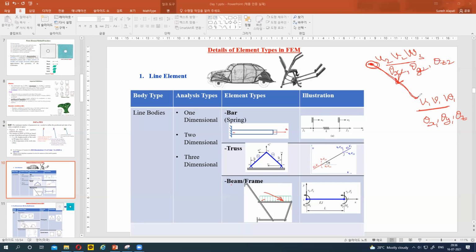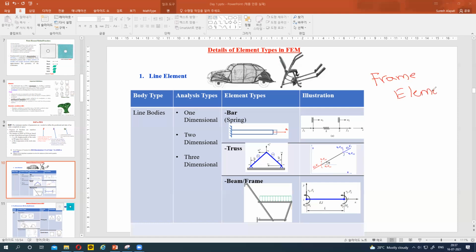So then at each node we have to find 6 variables: X, Y, and Z direction displacement, and X, Y, and Z direction rotation. So 6 degrees of freedom. So this one is called a frame element, or generally a beam element.